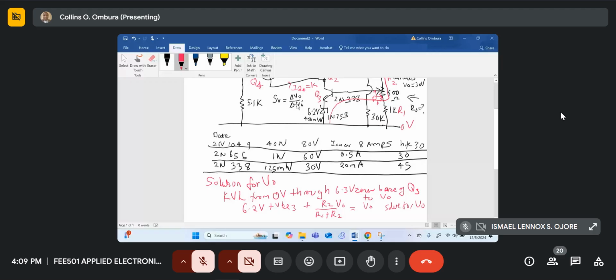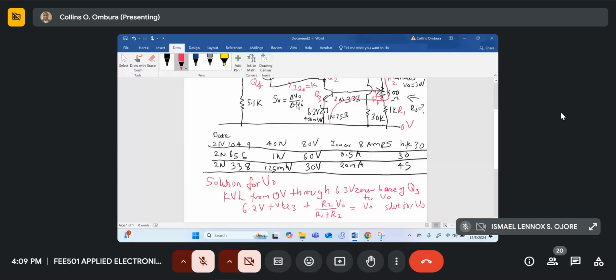Use VBE to be equal to 0.6. It is the last part, the part 2, the resistance in looking means the source resistance of your regulator.